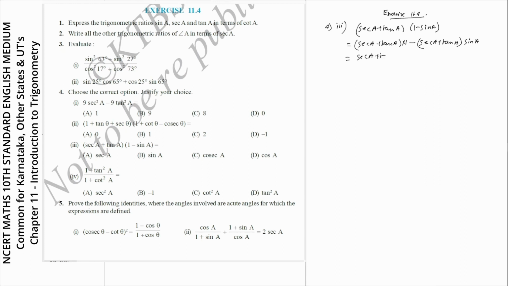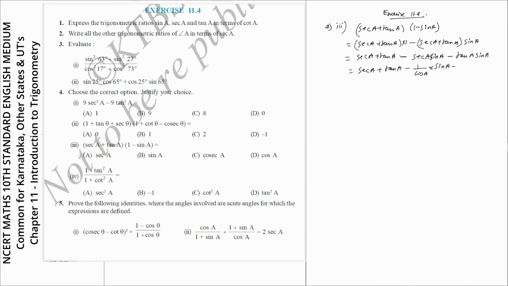So secant A plus tan A, 1 into secant A plus tan A is secant A plus tan A only, minus, now here I will get secant A into sin A minus tan A sin A I will get. Okay, now this is equal to secant A plus tan A. Here secant A is 1 by cos A. Cos A, sin A as it is I am writing.